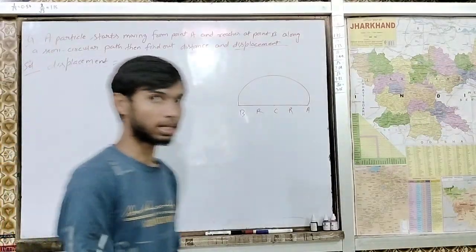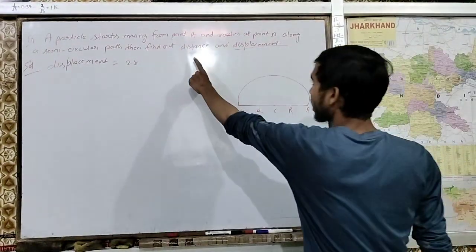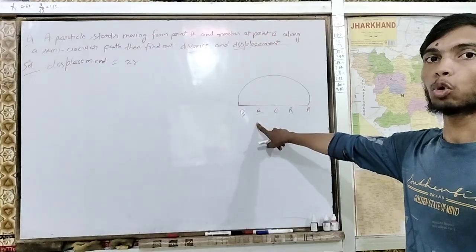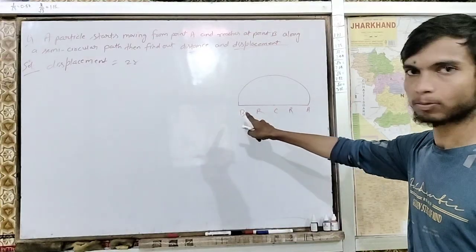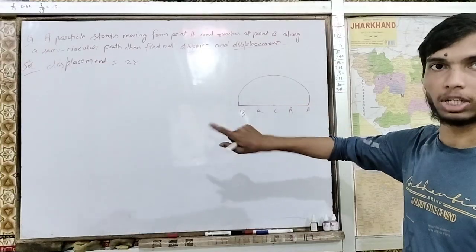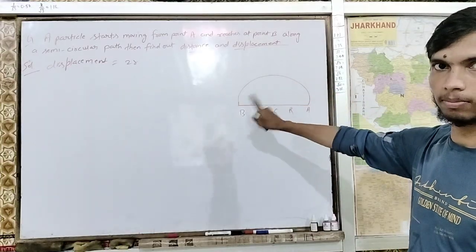But what about the distance? One point is crystal clear, but second, we have to find the distance. Now we are not going to talk about this straight line. Our focus will be on this curved line. What should be the distance of this semicircle?